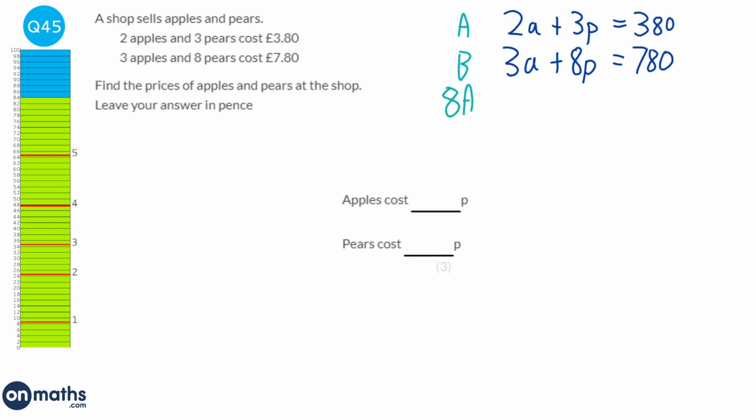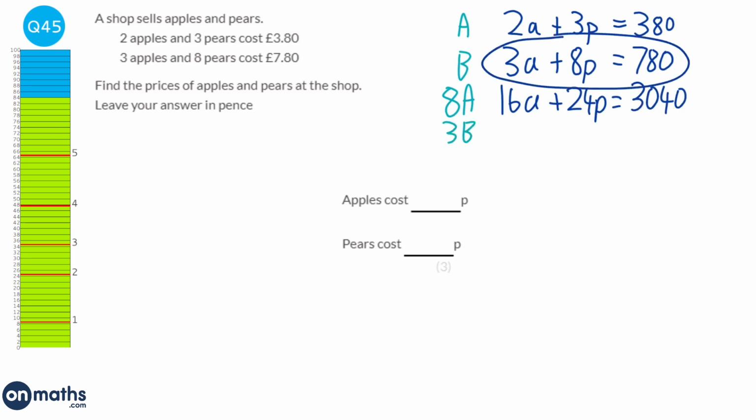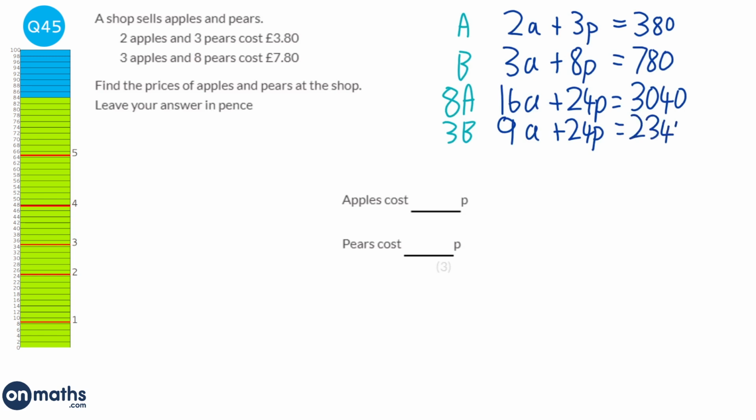So we're going to times the 2a by 8, which will be 16a plus 24p, and 380 times 8 is 3040. And we're going to do the same with B, but this time we're going to times it by 3, going through everything here and timesing it by 3. So 9a plus 24p, which is good, that's what we wanted. And 780 times 3 is 2340.